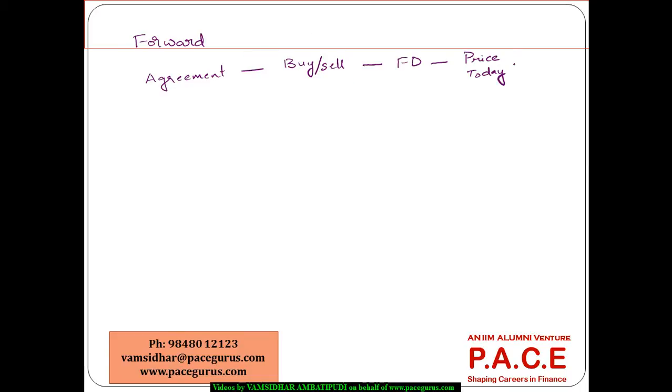And we know that forward is mostly an over the counter contract, which means the negotiated price exists between the buyer and the seller.